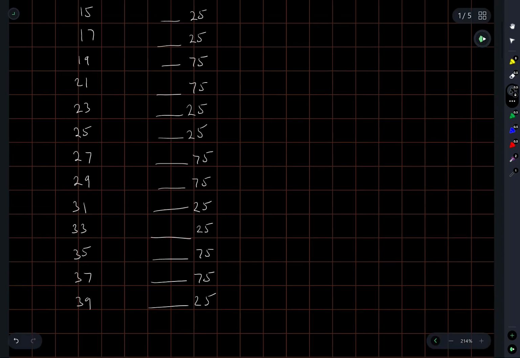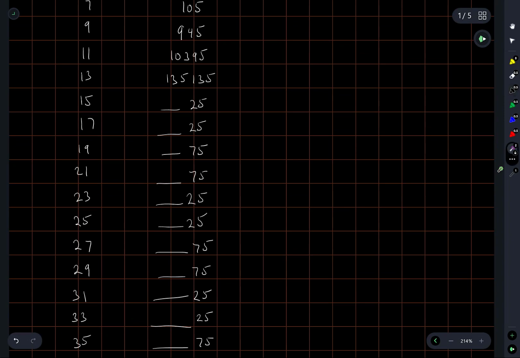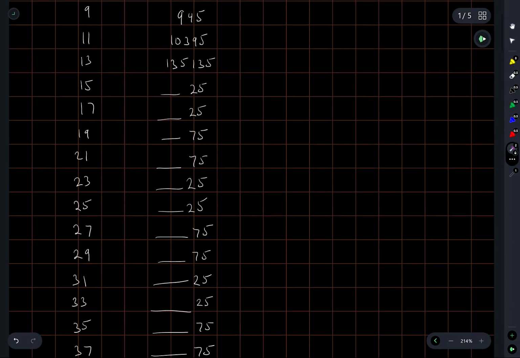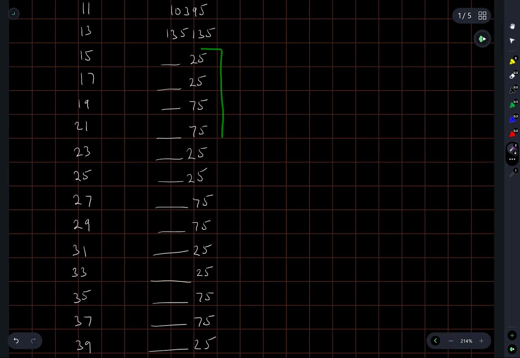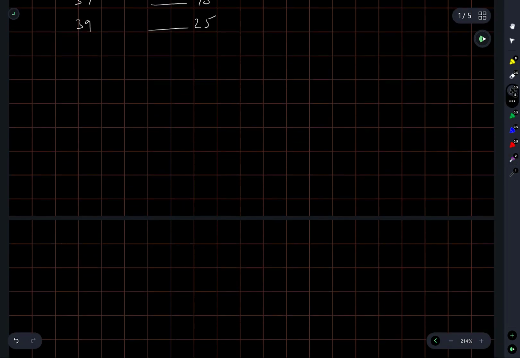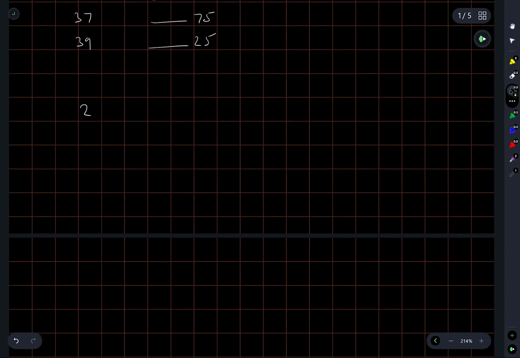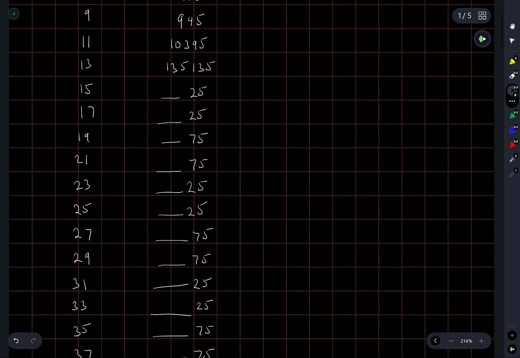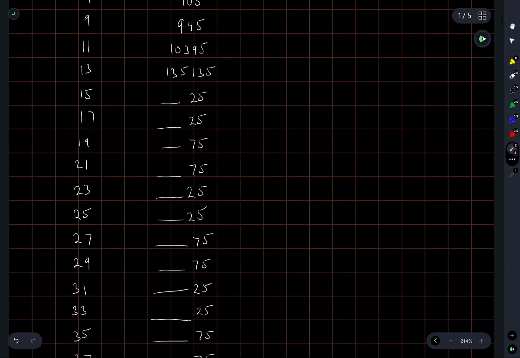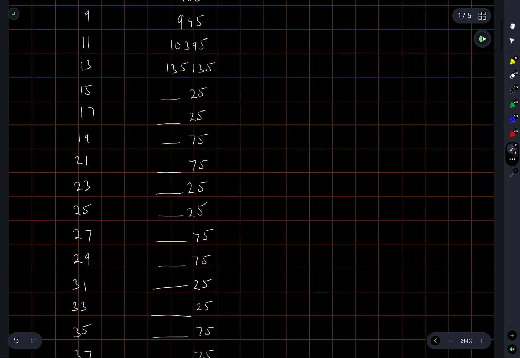And let's also try and figure out where the 25s turn into 75s. So they're coming in groups of 4. So an odd number, each odd number can be written as 2n plus 1, and I want to divide them into groups of 4, where it seems like the first one that actually matters is this one, number 15.